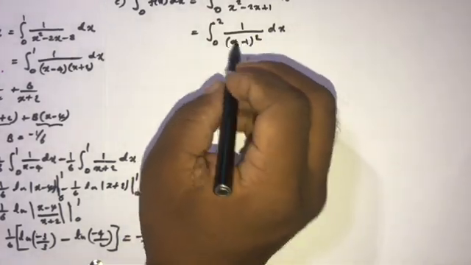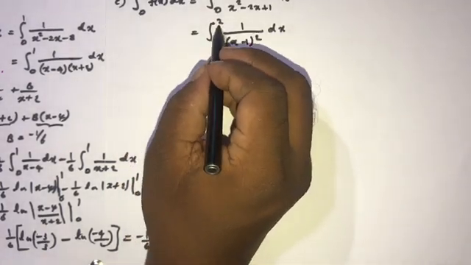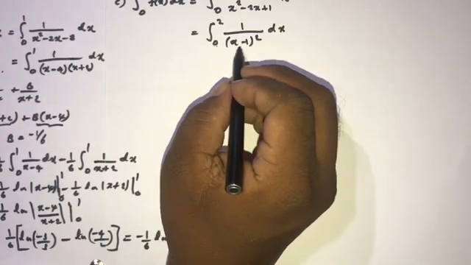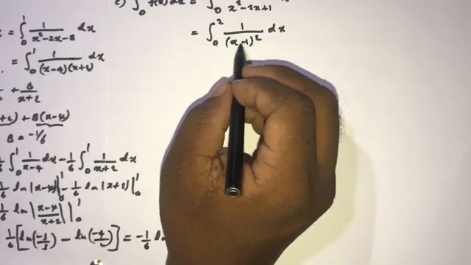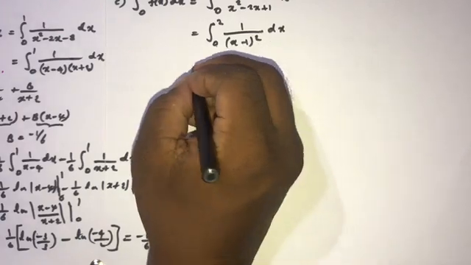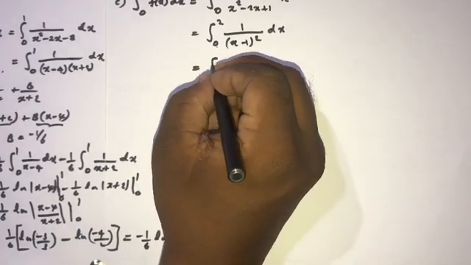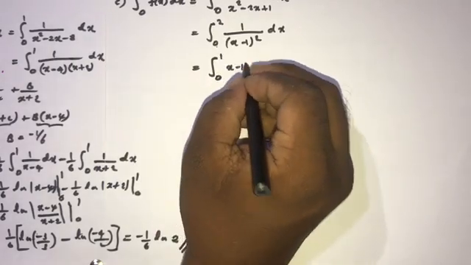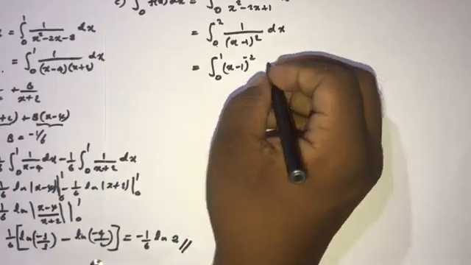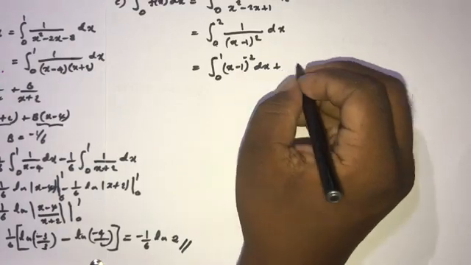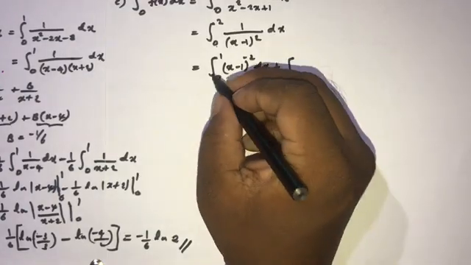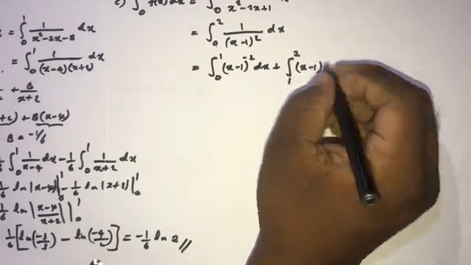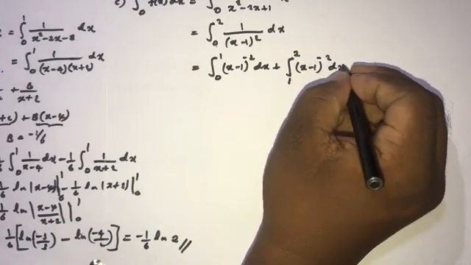Now here the limit is 0 to 2, here (x-1)^2, but we know when x is equal to 1 this is not continuous, so we can write this is equal to integral from 0 to 1 of (x-1)^(-2) dx plus integral from 1 to 2 of (x-1)^(-2) dx.